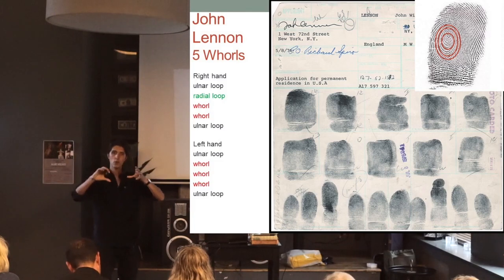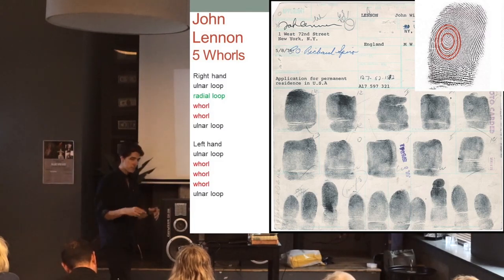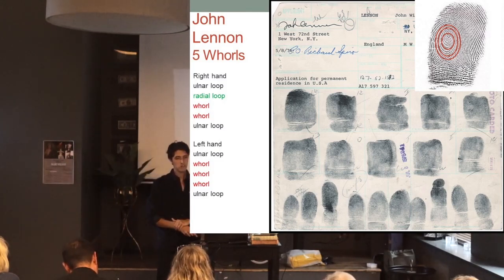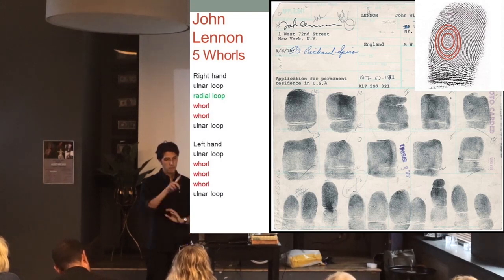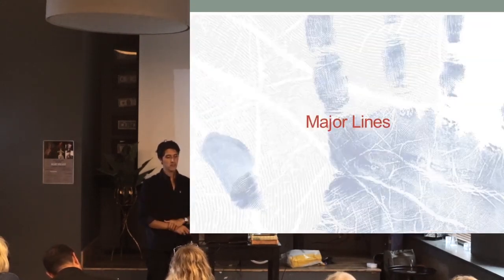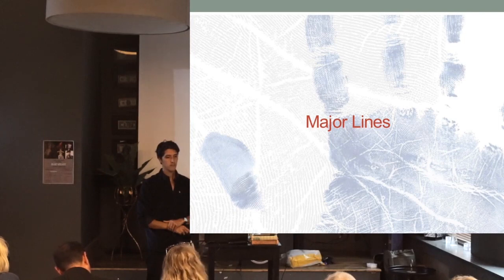So he's going to have an individual perception of his creativity and expression of it. So just a quick example. So that's the whorl there, and it's those very clear circles that you get going around the print.